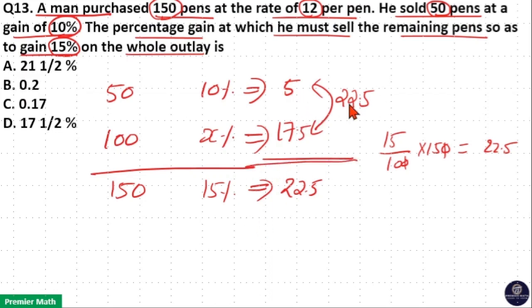So 10% of 50 plus X% of 100 should form 15% of 150. So the value of X is 17.5, that is X% is 17.5%. Option D is your answer. That is, he should sell 100 pens at 17.5% profit.